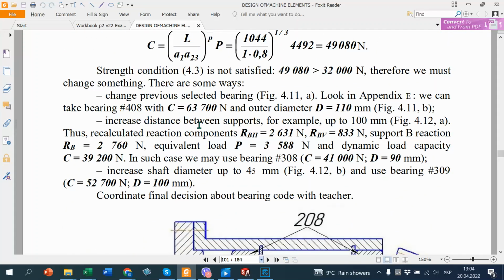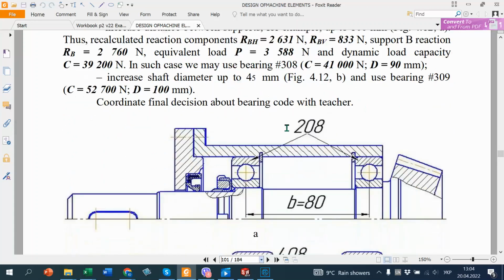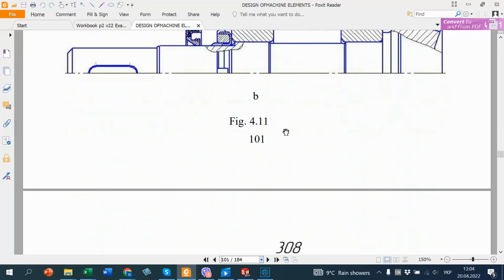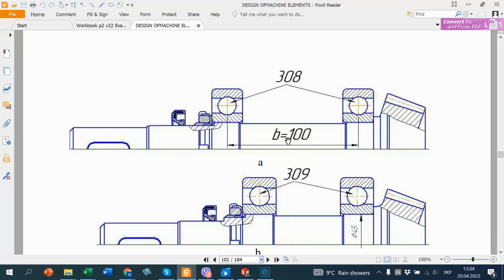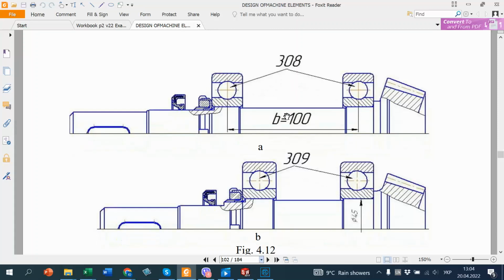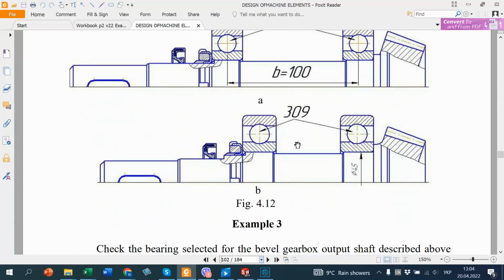Increase the distance between supports, and T208. Or we can change the shaft diameter and instead of 208 take 309.